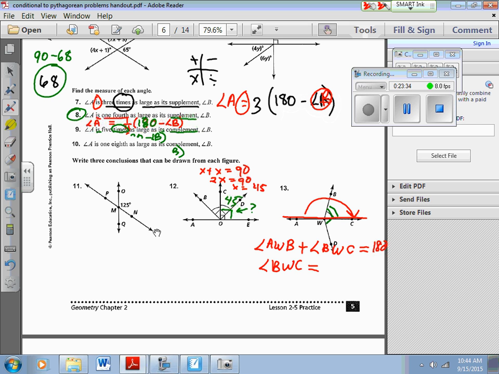Say it again. AWD? No, not AWD. Oh wait, AWD, you could say that. Wait up, no, I can't say AWD. Here's why. This line here would actually extend that way as a straight line. DWC. Those 2 angles are equal because notice they both had only 1 arch. That's all you know. Don't know anything else.